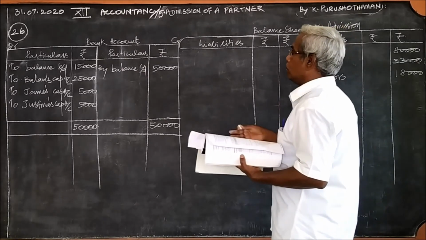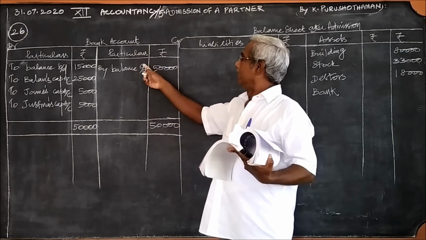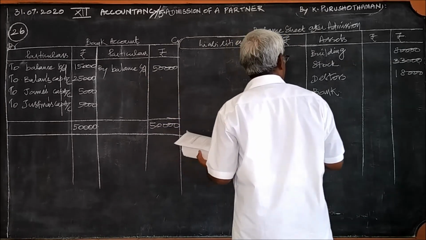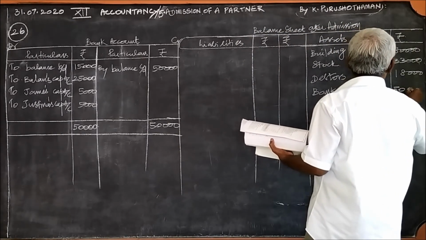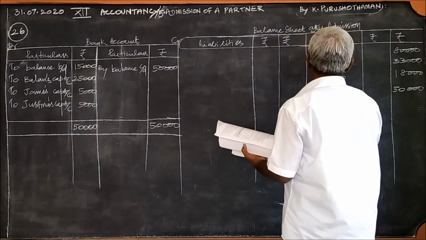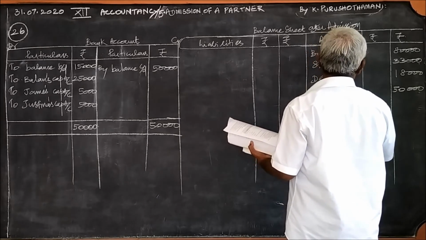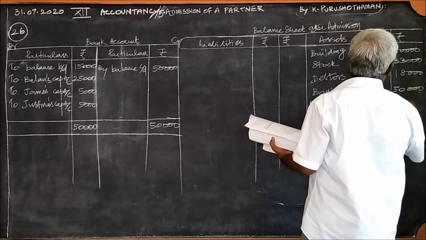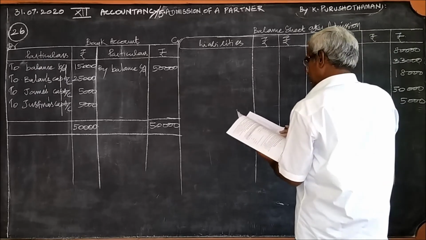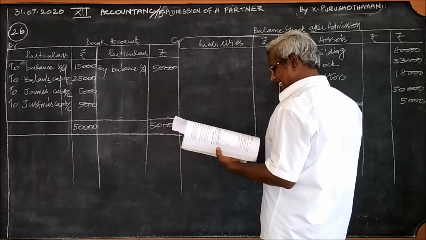Bank, it is given 15,000. We have prepared a separate ledger account, in which the bank account balance carried down is 50,000. That should be written, therefore bank 50,000. Then prepaid insurance 5,000. With this the asset side is over.